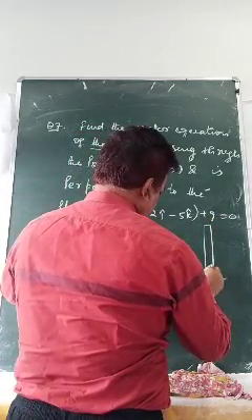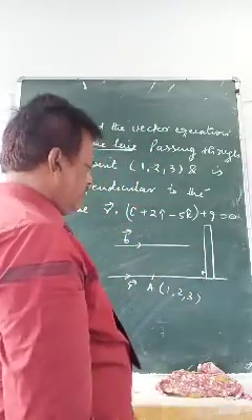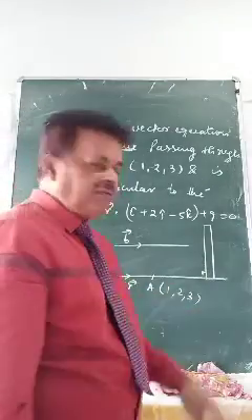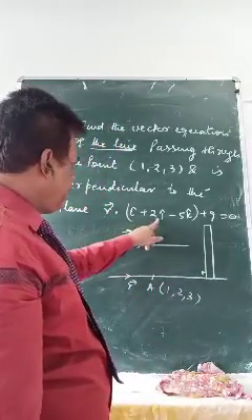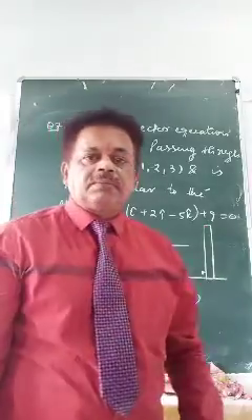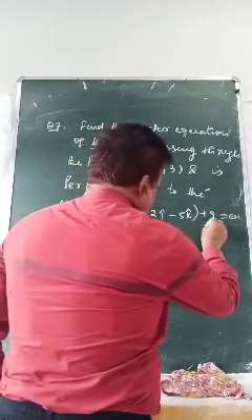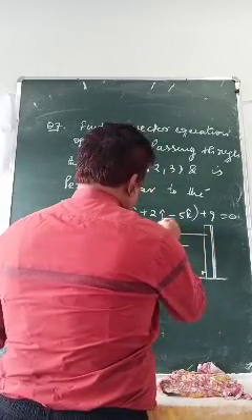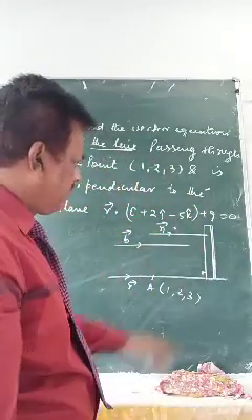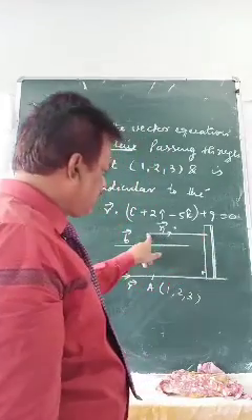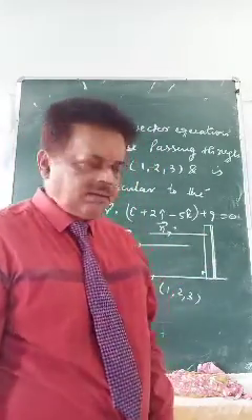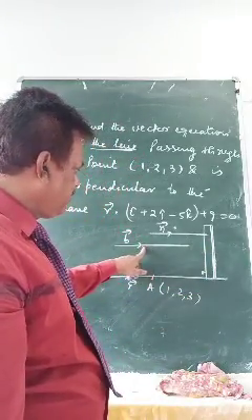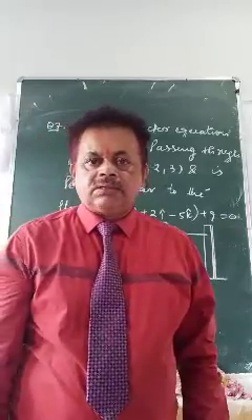When you talk about a line, you should know its parallel vector. When you talk about a plane, you should know its normal. Now look here: to this plane we have a normal like this. If this is the plane, then this is the normal. The normal is perpendicular to the plane, and the plane is perpendicular to the line. So now you will have a comparison between b and a. That is our question.